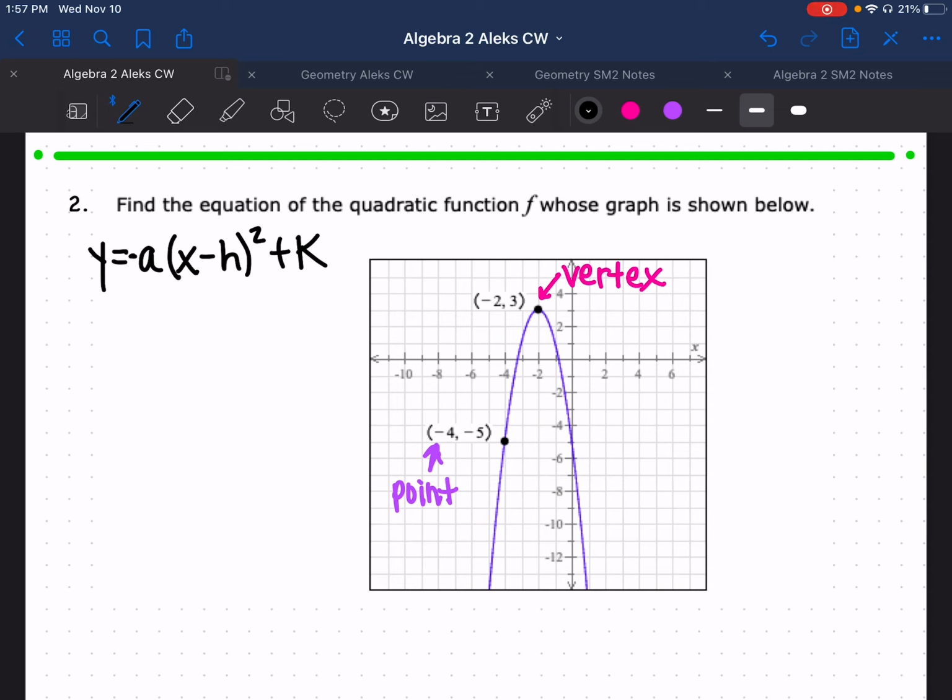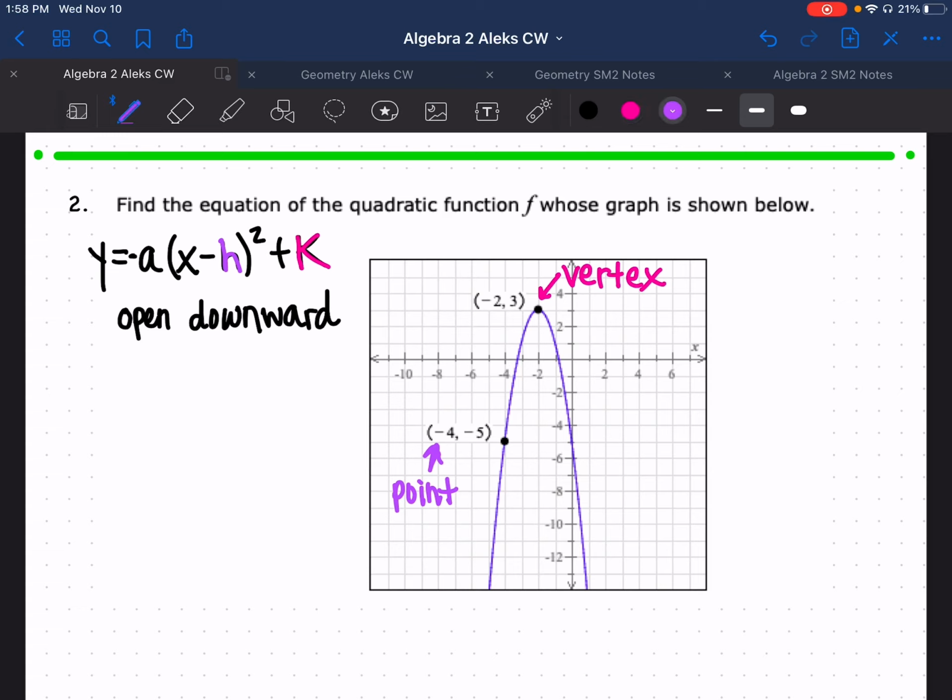So I am going to go ahead and say that it opens downward, you could say. Because of that, I know that A is going to be negative. I don't know what A is going to be, but I know it's going to be negative. Now, remember H and K, these are your vertex.